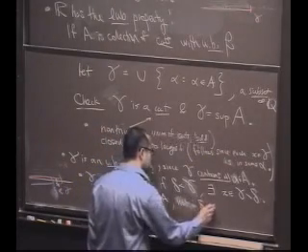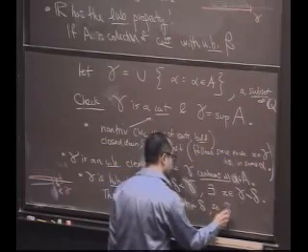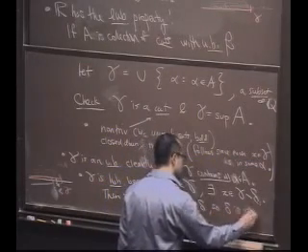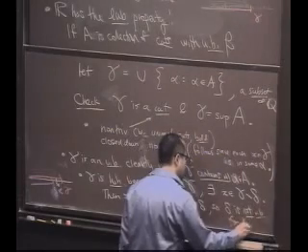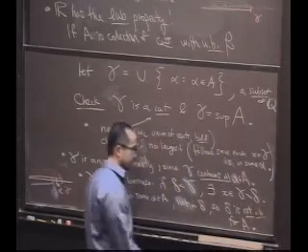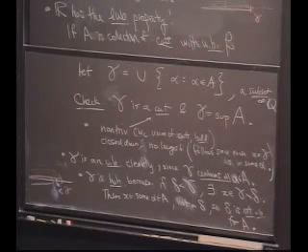So delta is not an upper bound for A. Okay, happy with that? Okay, so let me remind us what we have now.